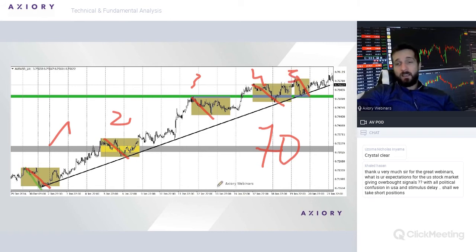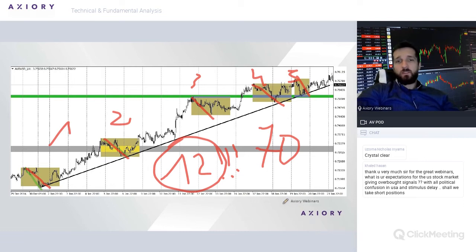I think that back then the market did 12 of the same corrections in a row. Can you imagine this? Just by being able to spot this on the chart, every time the market went 70 pips higher, lower, you bought, profit, bought, profit. Beautiful.